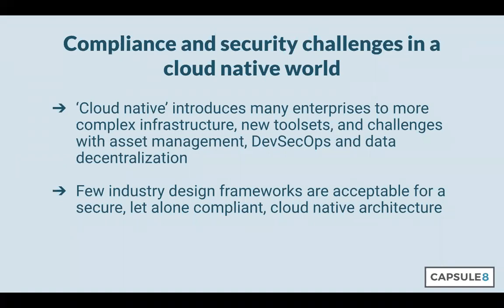This new way of doing business definitely brings complexity to enterprise infrastructure. Challenges with asset management, the convergence of development, security and operations, and data decentralization are all things that we're trying to wrap our arms around.